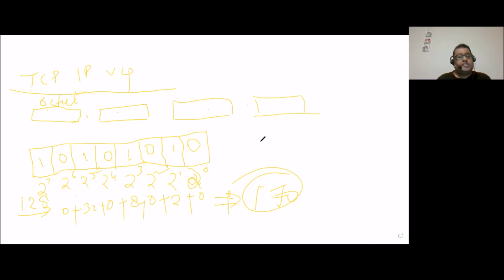An IP address is nothing but a collection of 4 decimal numbers in binary format represented by 4 octets. What is an octet? An octet is nothing but a collection of 8 binary bits, a 0 or a 1. Okay?